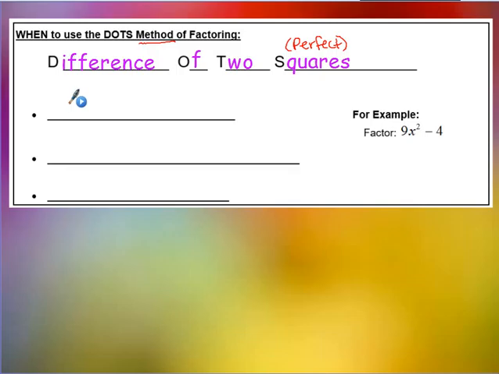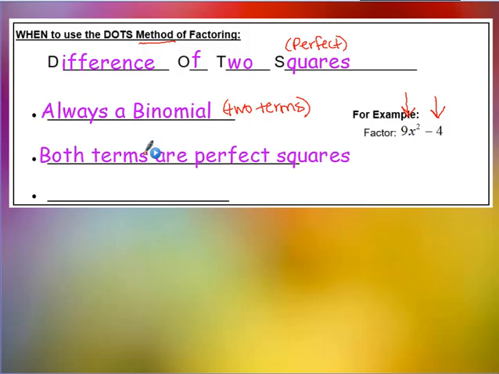So there are three requirements. It must always be a binomial, or have two terms only. So as you can see, term 1, term 2. Both terms must be perfect squares, must be numbers or monomials that are in those lists from above. So this would be a perfect square because 9 and x squared are both perfect squares, and so is 4.